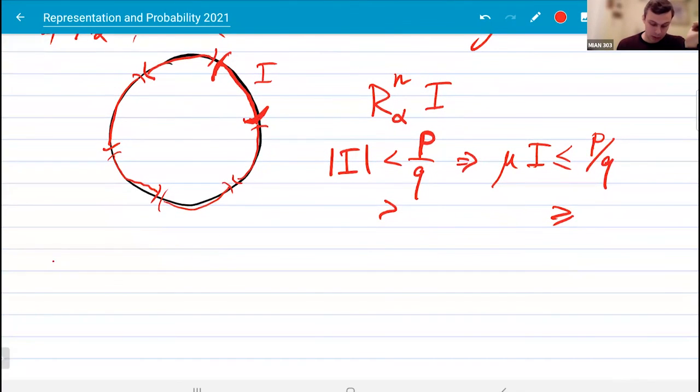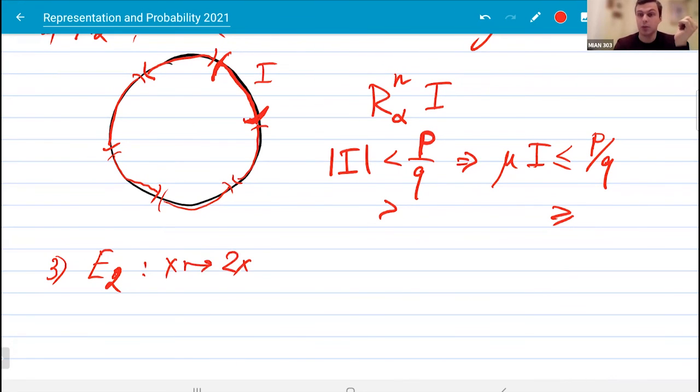For example, our map E2 that maps x to 2x has many invariant measures, and we'll see next time why that is so.